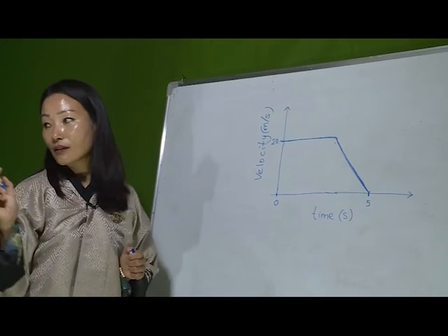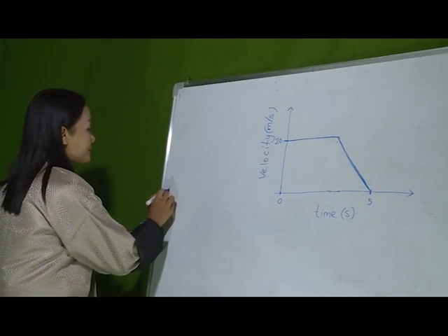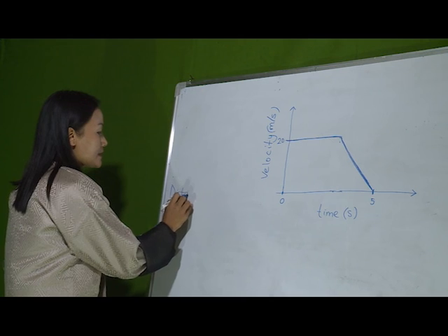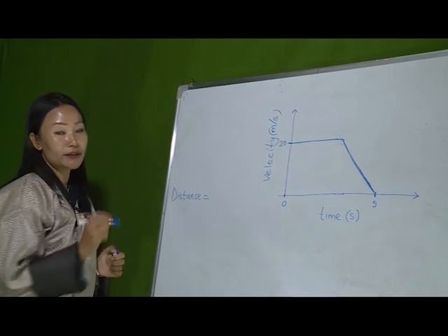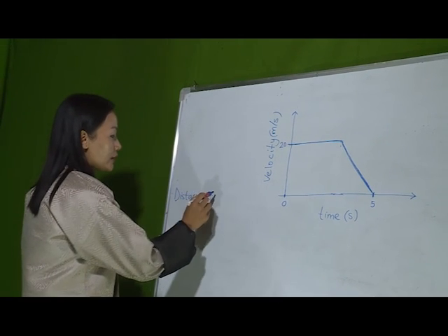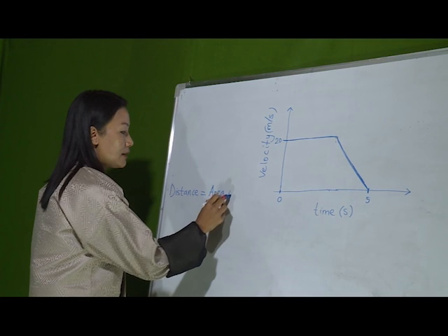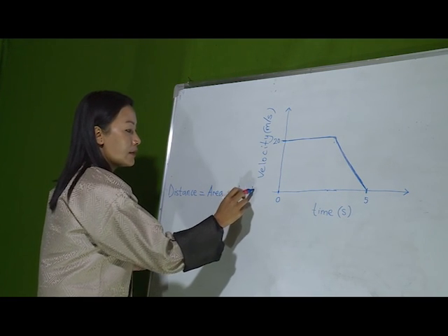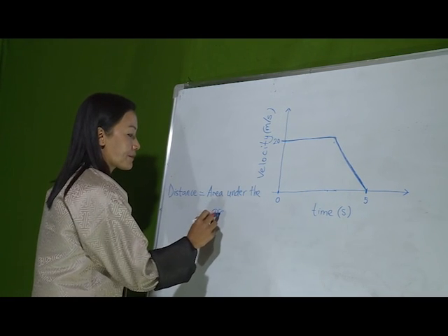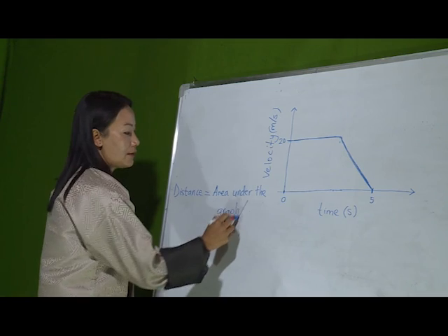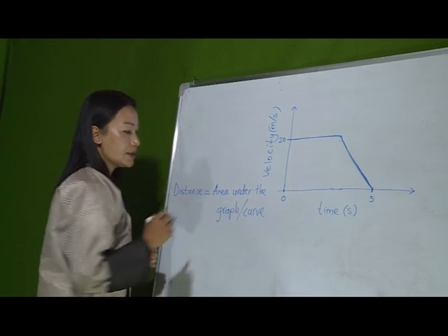Now to calculate the distance moved by the body, you should know the area under the graph, or area under the curve.